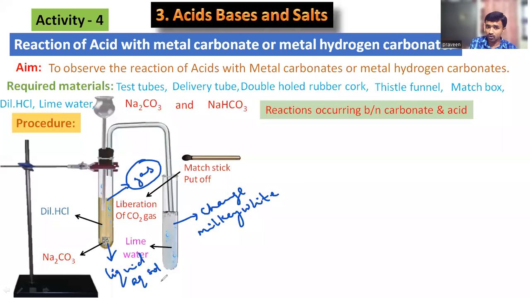Then one more, a transparent liquid floats on it. That is water. So here simply three products I noticed. One is gas, one is liquid, and the transparent layer formed above it, that is water. So the products are three here.